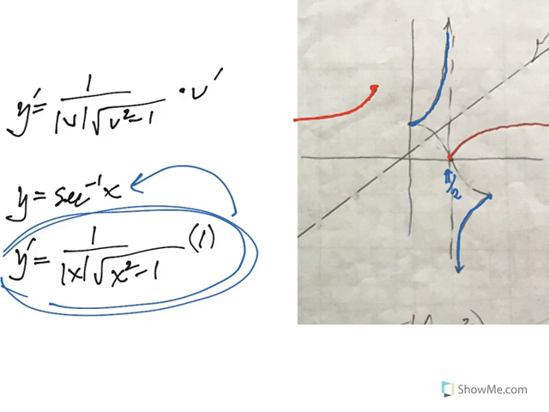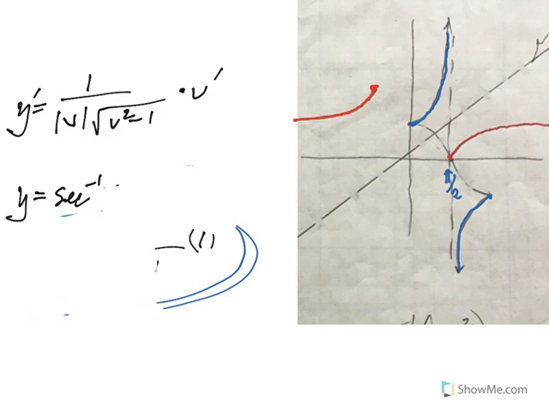If I have a different example, for instance, let me change this just slightly. Let's get rid of all of this. And let's say that I have then the arcsecant of negative x.